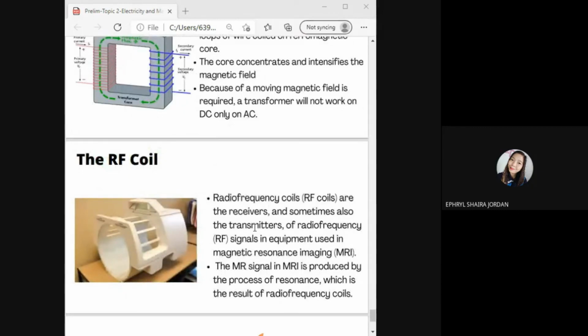Now let's discuss the RF coil. RF coils, also known as radio frequency coils, are the receivers and sometimes also the transmitters of radio frequency signals in equipment used in magnetic resonance imaging, or MRI. The MR signal is produced by the process of resonance, which is the result of radio frequency coils.